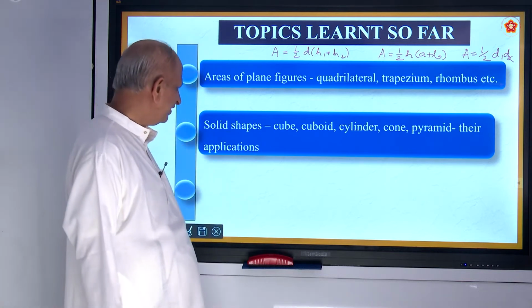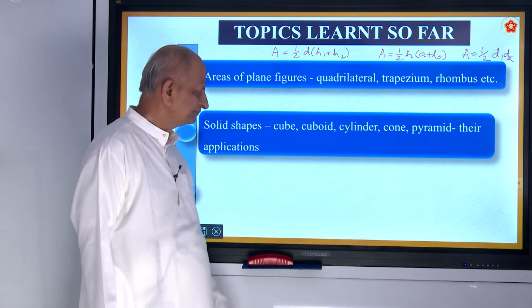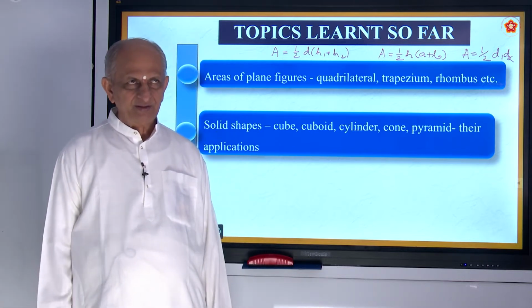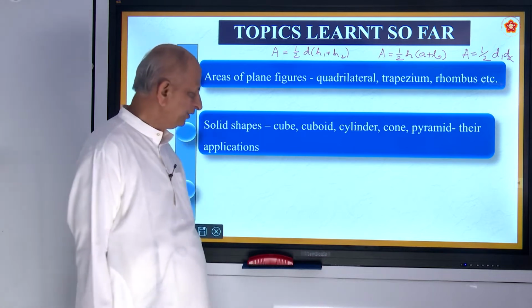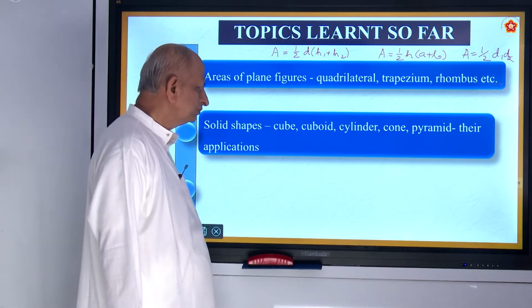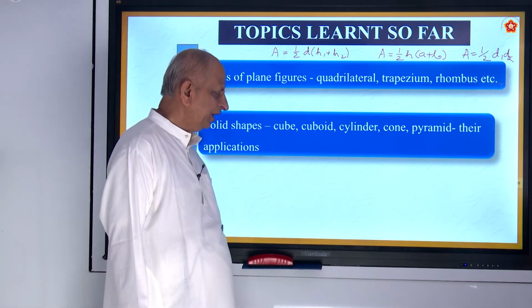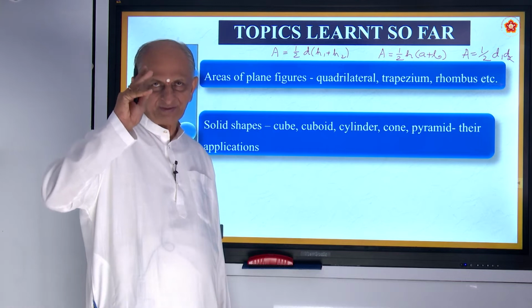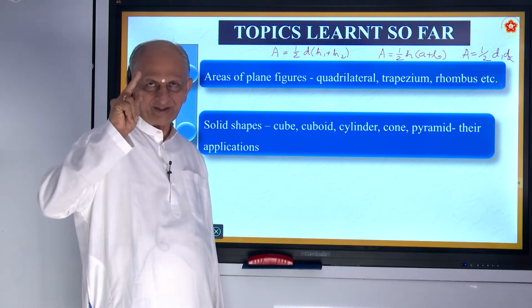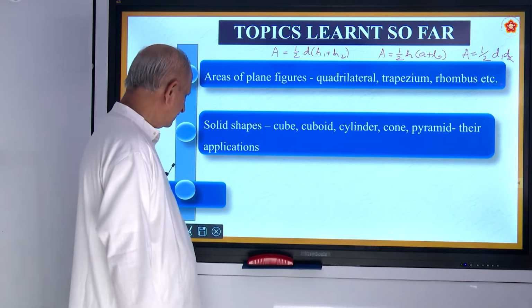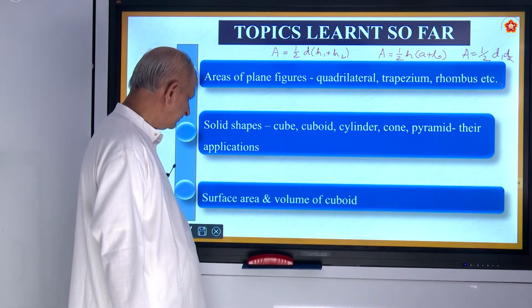They are all what is called solid shapes, and they are very highly useful, correct. These are called solid shapes because they are in 3 dimensions: length, breadth and height, all will be there. Okay, that's also you have mentioned about that.